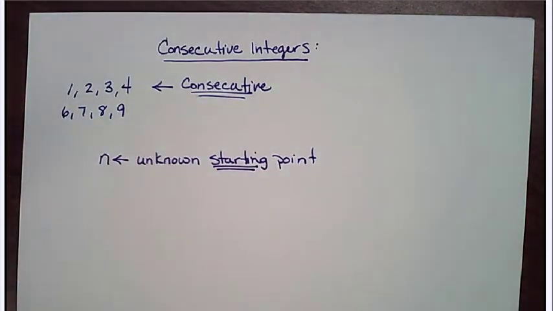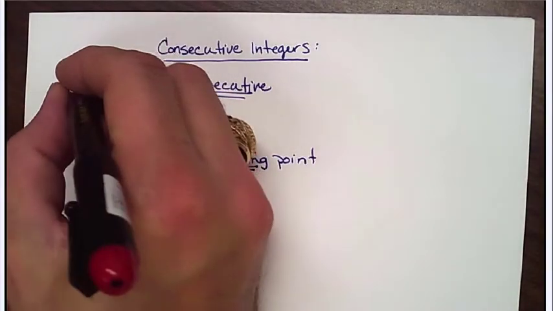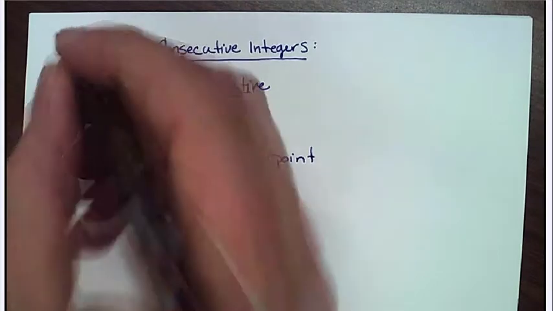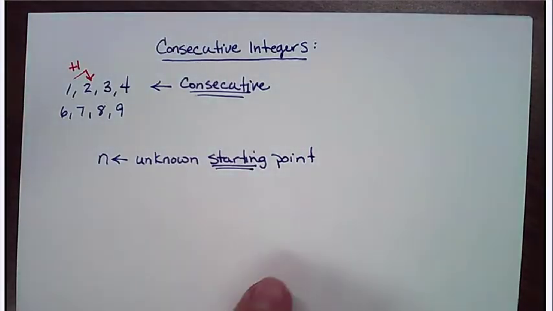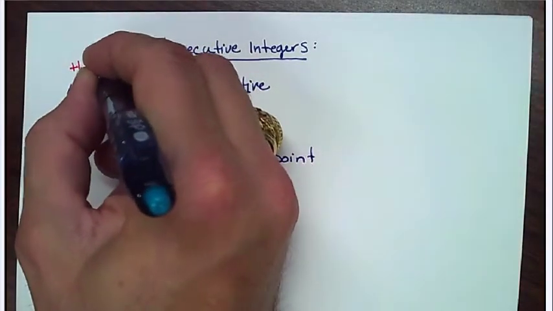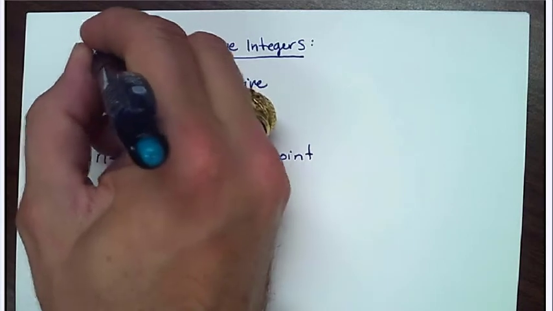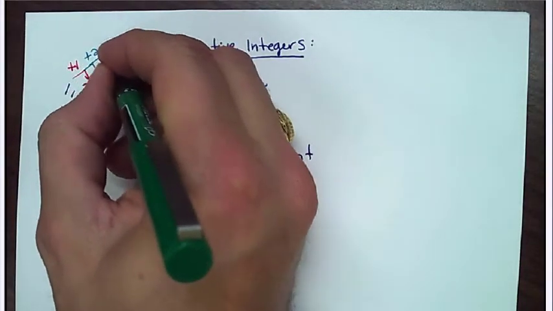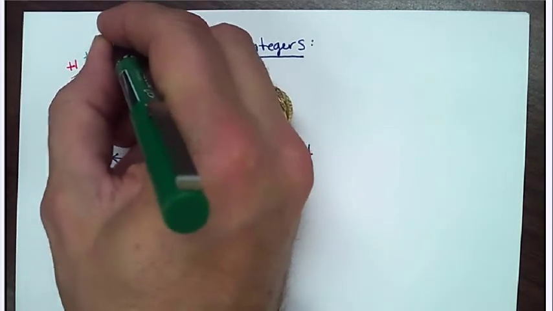So what I want you to notice is this. If I were to go from 1 to 2 here, I would have to add 1. And then if I were to go from 1 to 3, I would have to add 2. And then if I were to go from 1 to 4, I would add 3, right?